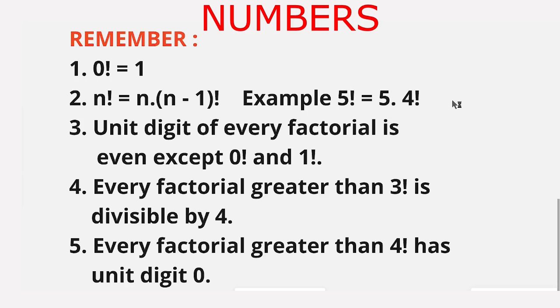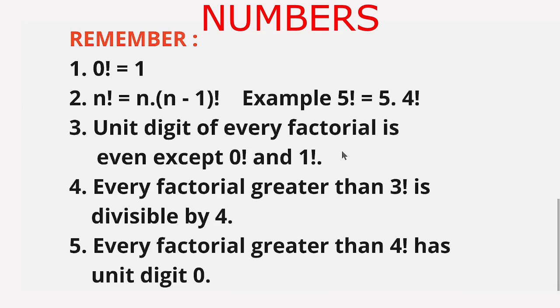This can also be written as 5 multiplied by 4 multiplied by 3 factorial. And this way we can memorize that n factorial equal to n into n minus 1 factorial. Point 3. Unit digit of every factorial is even except 0 factorial and 1 factorial.